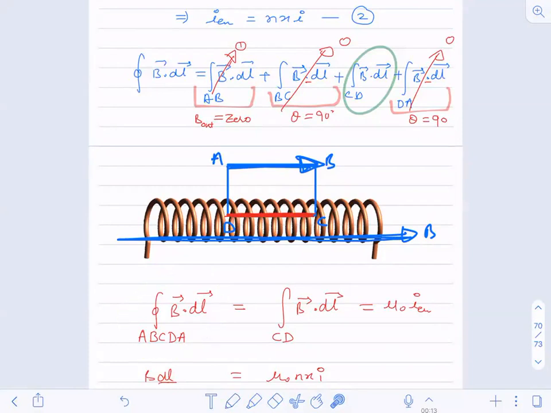Dot product. So if this is a dot product, what will you write about this now? Can you write it as B dl cos theta? Yes. What is theta? Theta is the angle between B and dl. What is dl? dl is the length of that part.